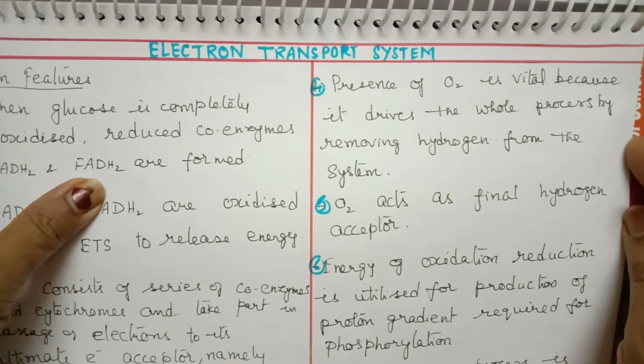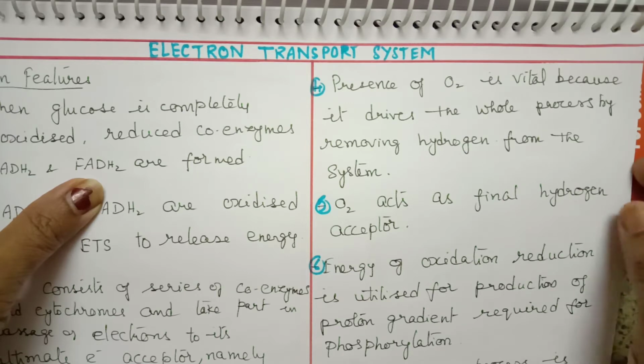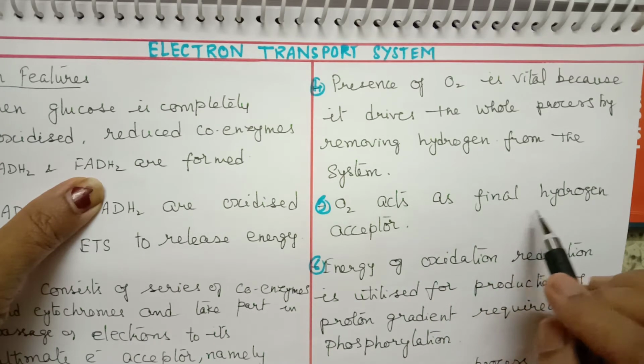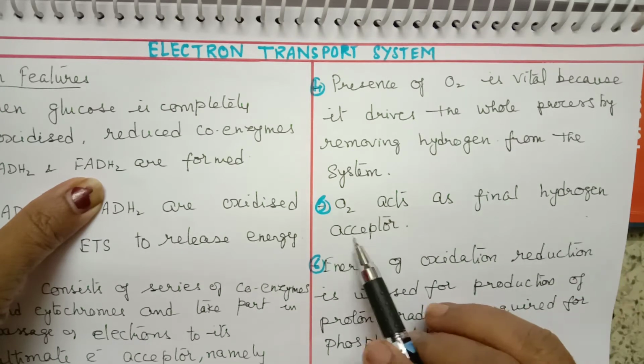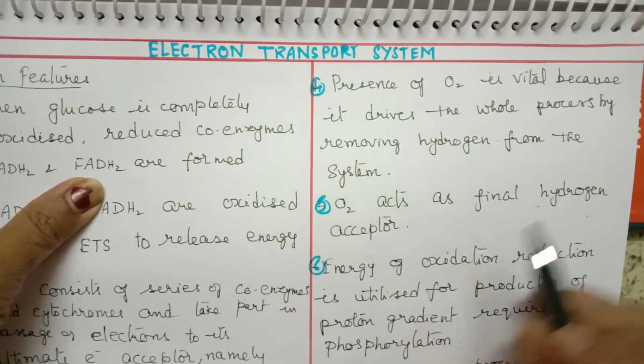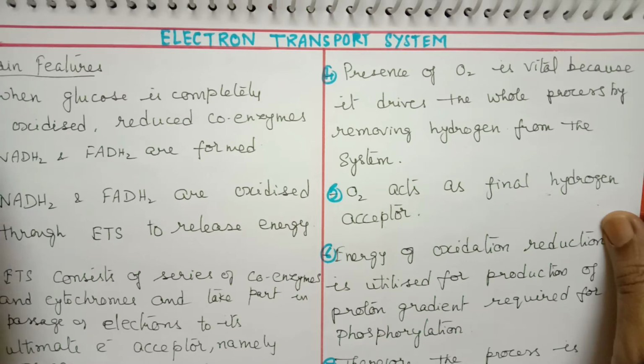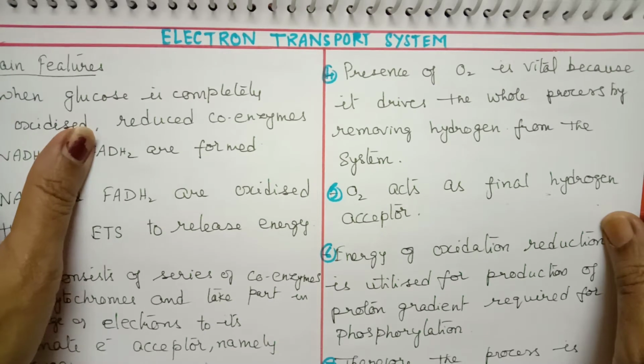How that is taking place, we are going to understand diagrammatically in the electron transport chain. Therefore oxygen is called the final acceptor of hydrogen. Though it can transport electrons, it is considered to be the final acceptor of hydrogen.